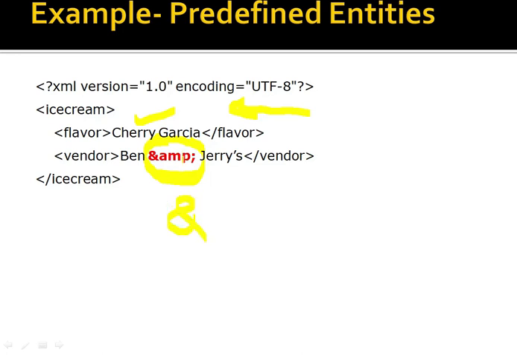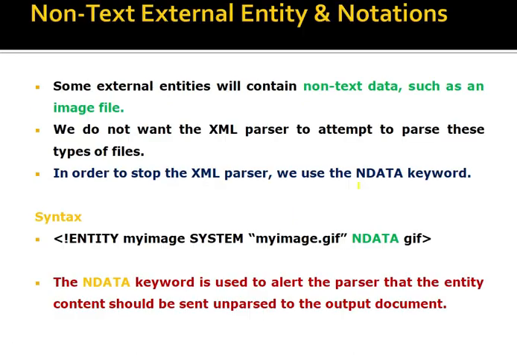When you open this XML file in the browser, this entity name is replaced with the ampersand symbol, which is a predefined symbol. Actually, what you will get is Ben and Jerry's. So instead of the entity name, you will get the ampersand symbol. So these are predefined entities.